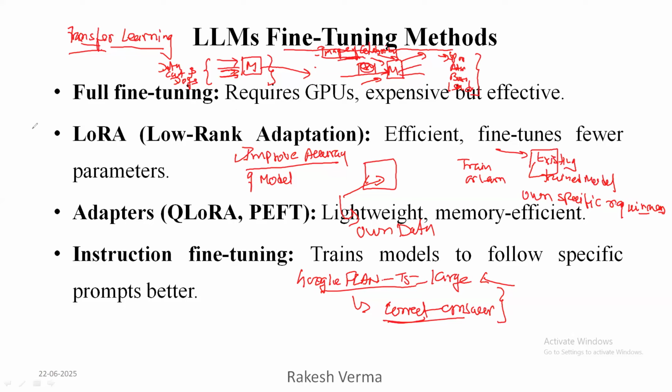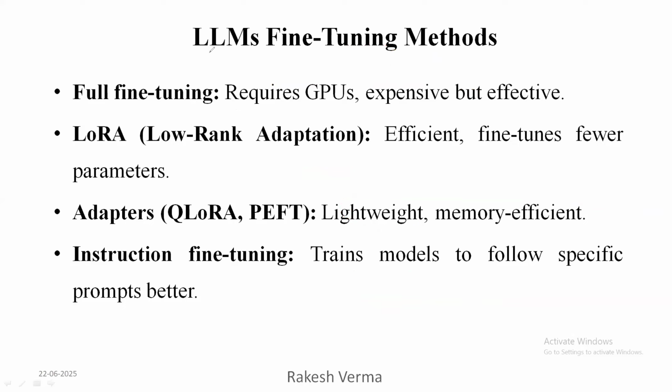Perfect. So when we talk about fine tuning methods, how many types of fine tuning methods are there? The first category is full fine tuning. Full fine tuning means, suppose we have one model and we try to update this model on all the data.